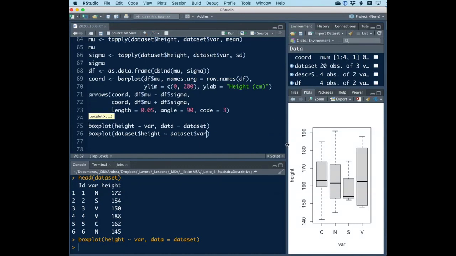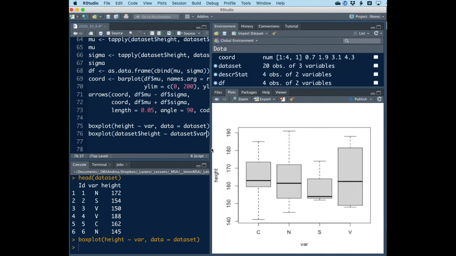And what does the boxplot mean? I'm making it slightly bigger. You see that we have boxes and whiskers. You see? So what is the box? The box goes from the 25th to the 75th percentile.